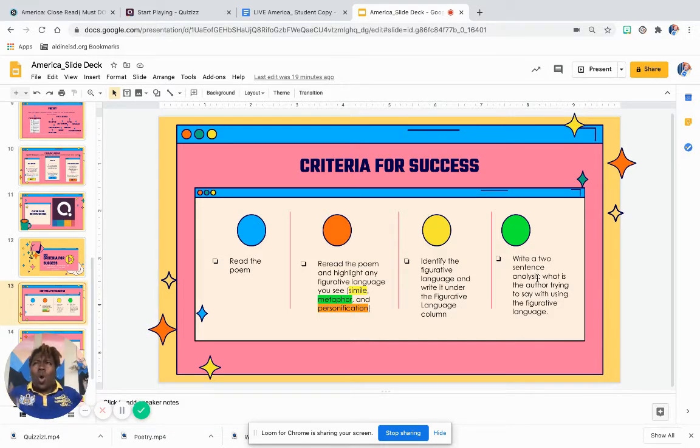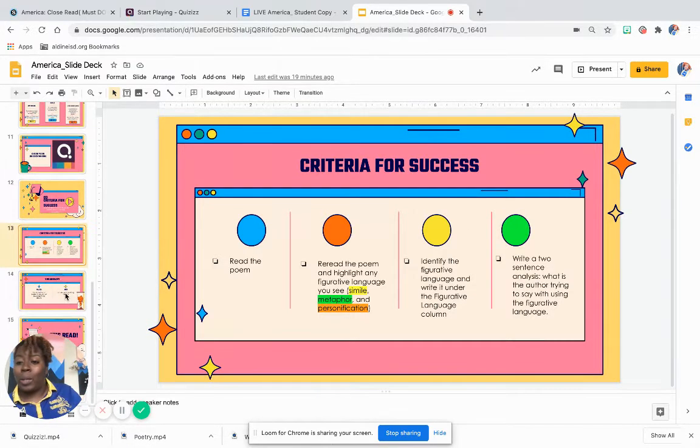What do we need to write? What is the author trying to say with using the figurative language? We know that figurative language is not literal. We're not taking the word or phrase literally. So what is the author, Claude McKay, literally trying to tell us based on what he figuratively said? It's a little bit confusing, but we'll get through it, okay?